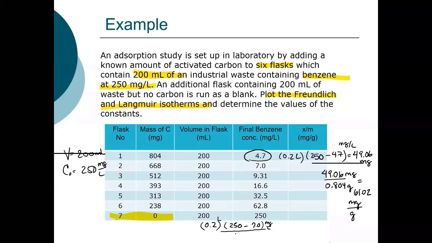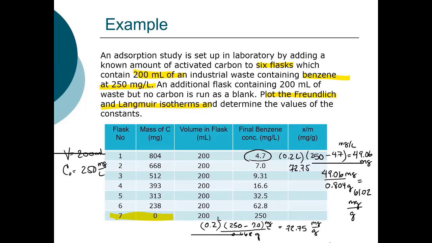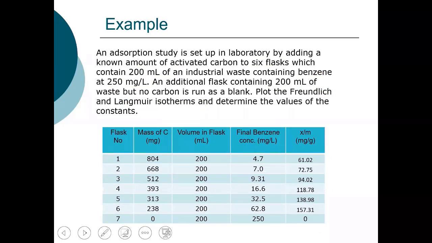We'll divide that by 0.668 grams, and that is 72.75 milligrams of benzene per gram of activated carbon. Similar sets of calculations here, and we would have 94.02, and that's milligrams per gram. And we have that.